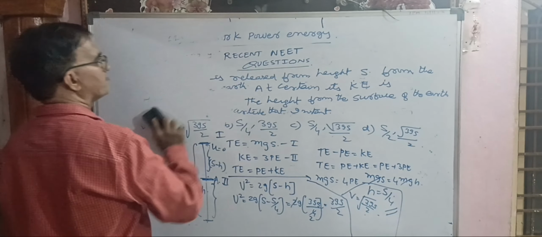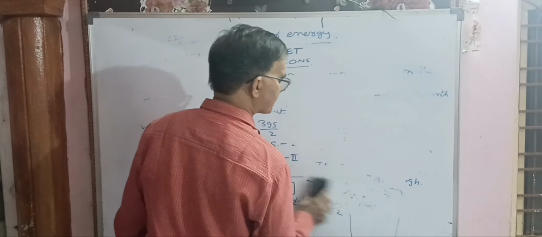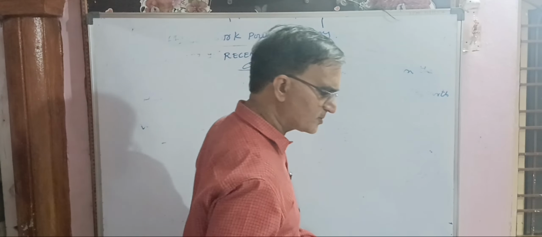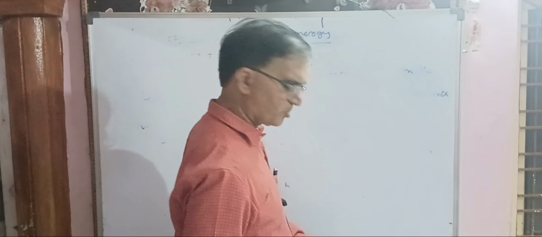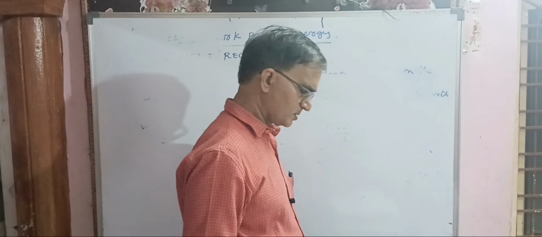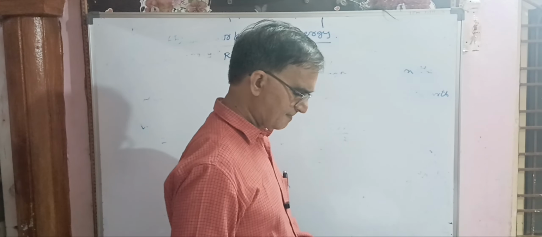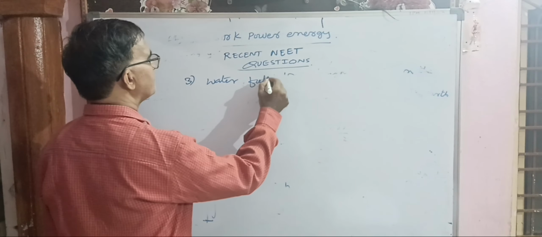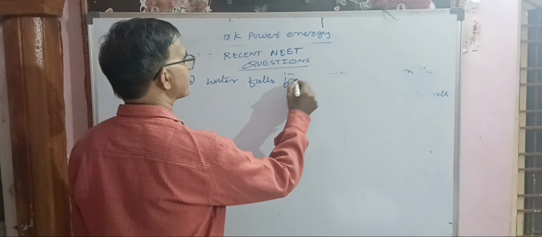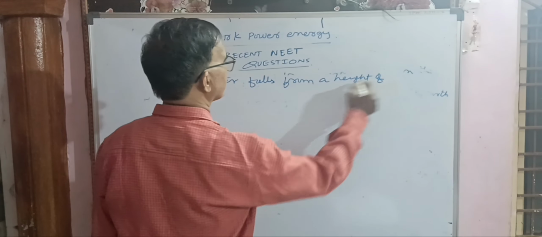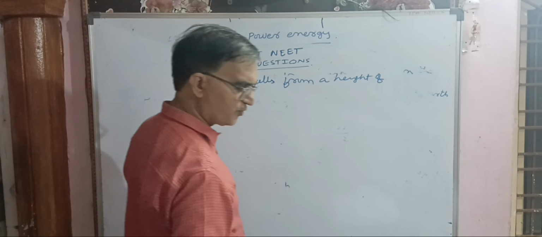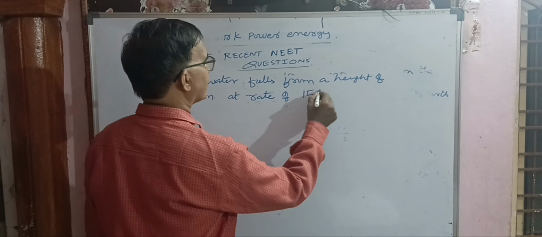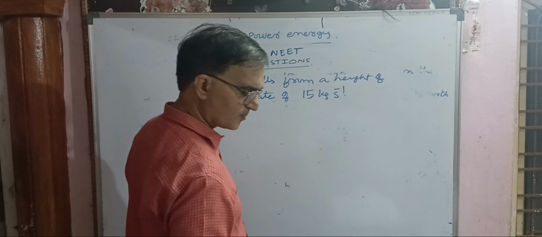Next. Third problem. Water falls from a height of 60 meters at the rate of 15 kg per second to operate a turbine.